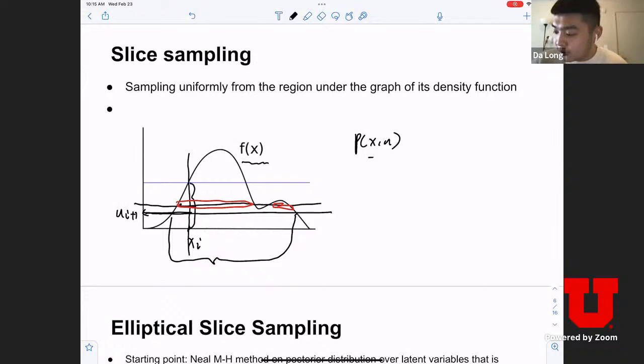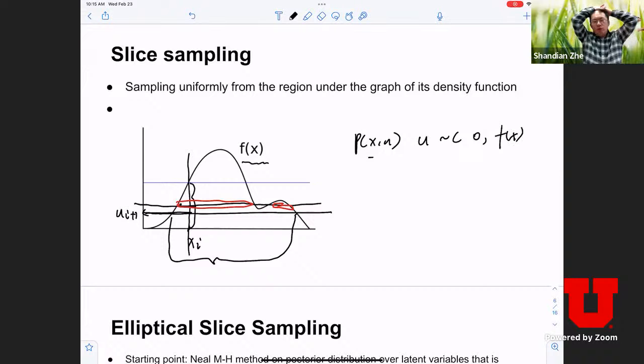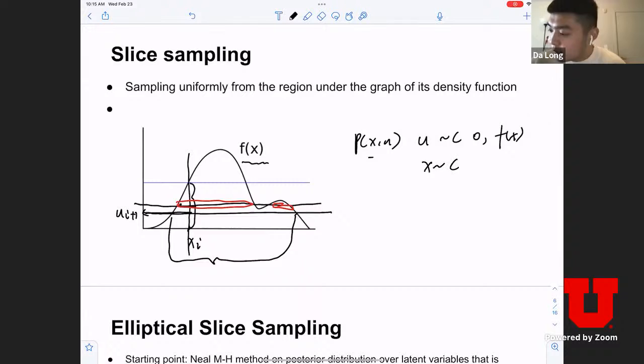Given x, u is uniform from 0 to f(x). And given u, what is x? Given u, x is sampled from the region where f(x) is greater than u.